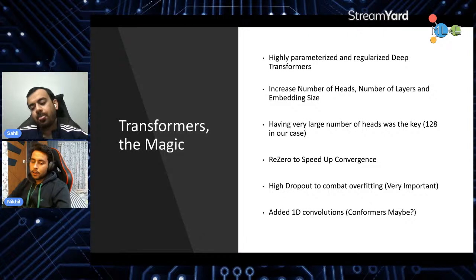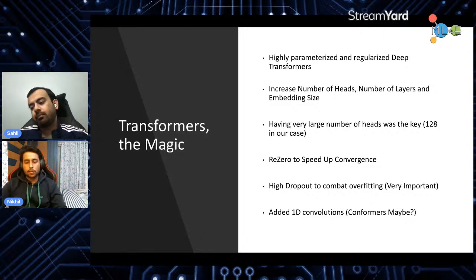Now, a very interesting part of our solution was that we added 1D convolutions. This is not the same as the 1D convolutions we talked about in the input features, right? When we were creating our input features, we added 1D convolutions and combined all the features. Here, the 1D convolutions are added to the output of the encoder layer, right?